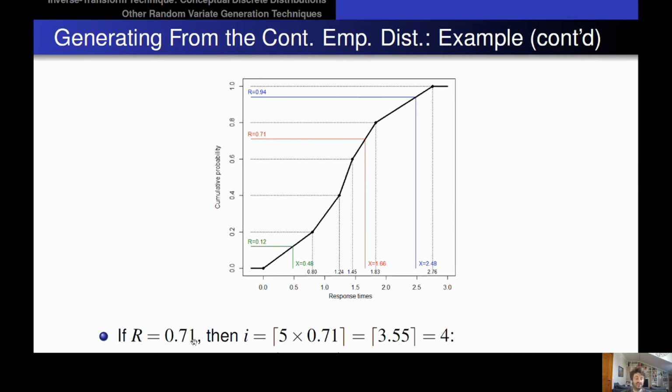And we know that 0.71 resides in the fourth interval here. Therefore, we are going to use the fourth linear approximation here. And according to this linear approximation, the inverse is going to be 1.66. It is just going to create an approximation between 1.45 and 1.83.